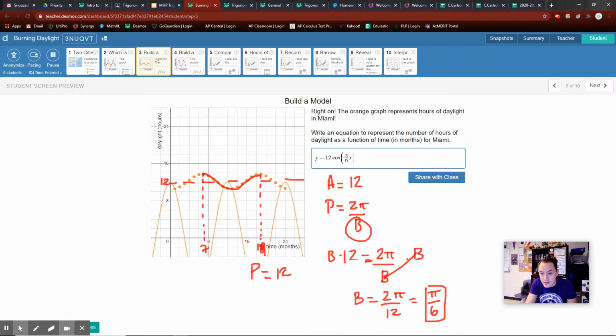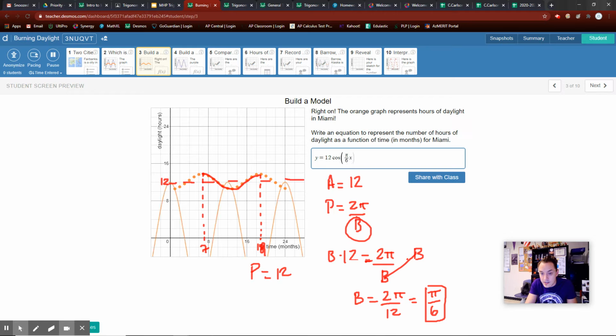You see right here, they'll actually kind of tell you what you're putting in. So really, right now, guys, it's just trial and error. I need to shift it up somehow, some way. So I think this is shifted up like, let's find out. This is shifted up like 12 units, so I do plus 12.